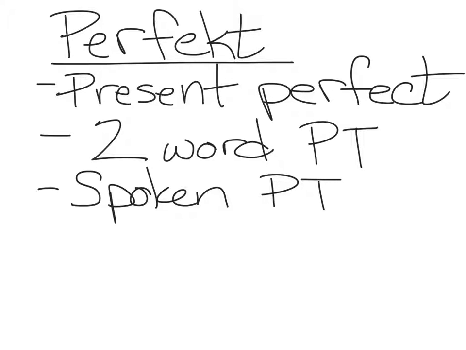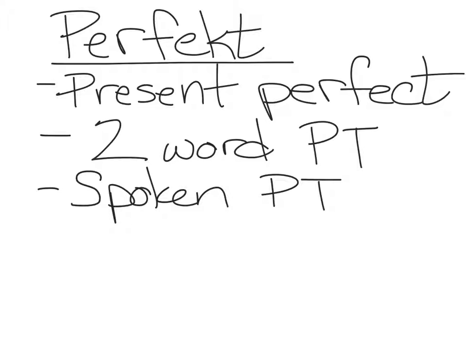So there are some that kind of mix over into the other area. Okay, but on the whole, this is the one that you'd use when you're talking. Okay? So even in a book, if it's in past tense and you're going through and you're seeing all this Präteritum, if there's a quote, then now they're saying that someone is speaking, so then it'll switch to the two-word. Does that make sense? All right.